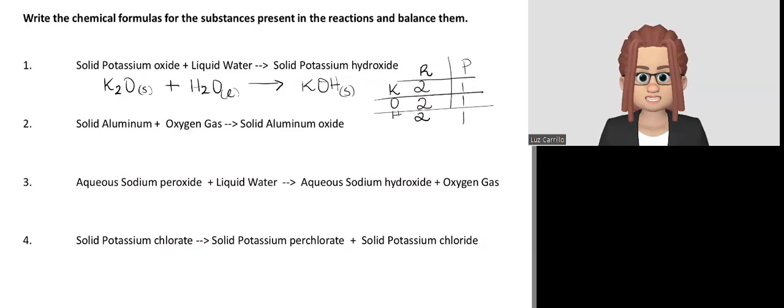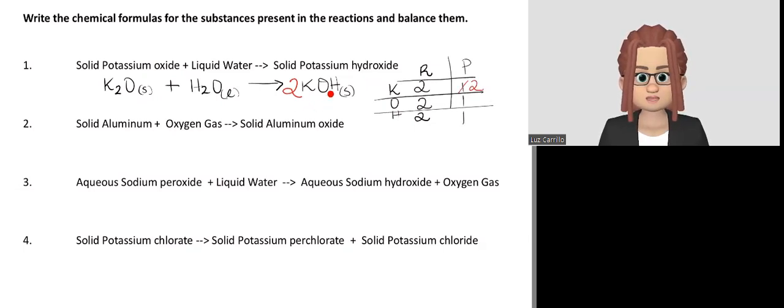To balance this reaction, all we have to do is put a coefficient in front of the KOH, specifically a coefficient of 2. Because placing that 2 there means that now that 2 gets multiplied by the subscript on potassium, so my potassiums will go to 2.